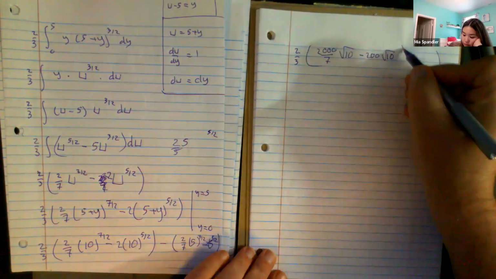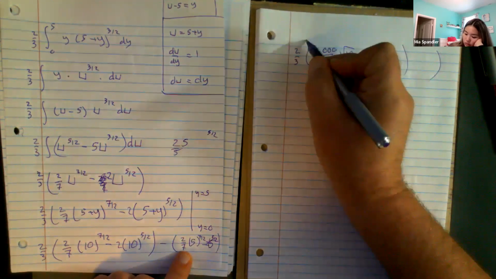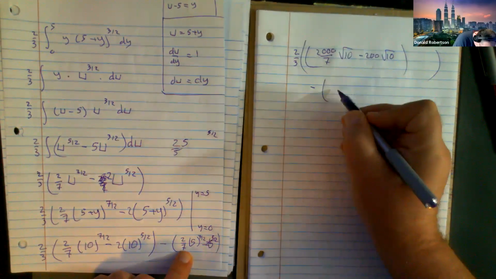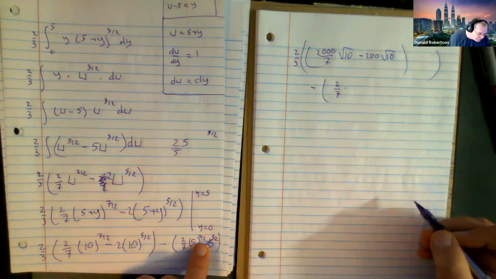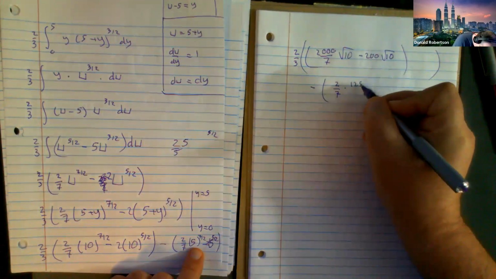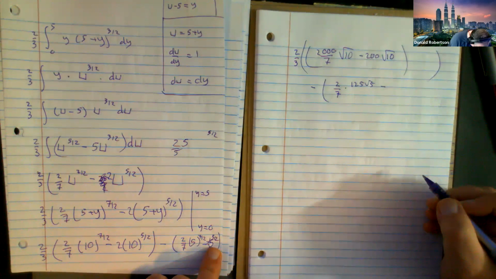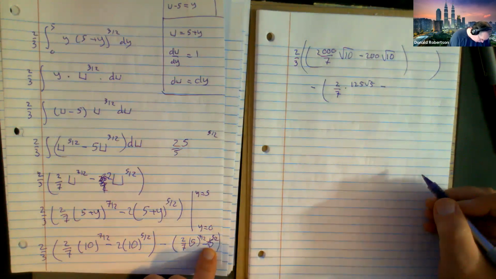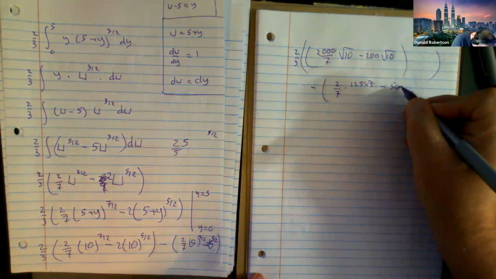Yep. And this one here, God, there's a lot of brackets going on here. I'm going to get 2/7 times 3.5 is 125 square root of 5. And that guy there is 2 times 25. So that's 50 square root of 5.